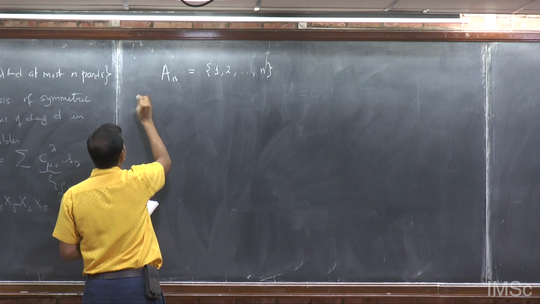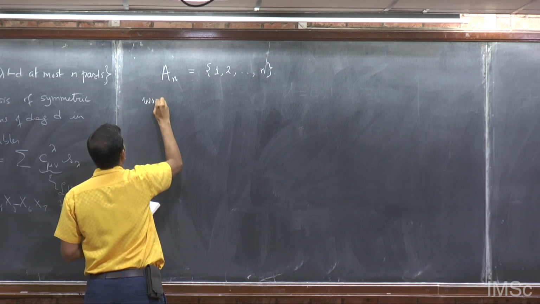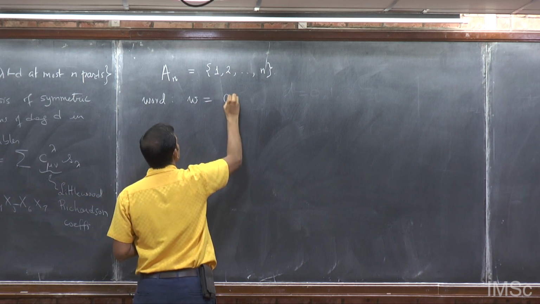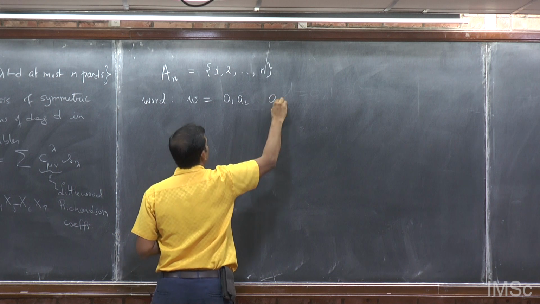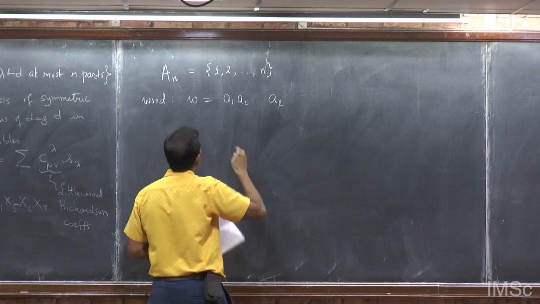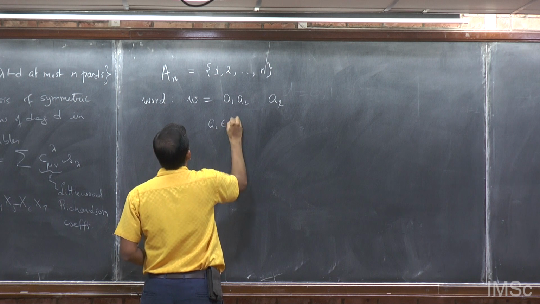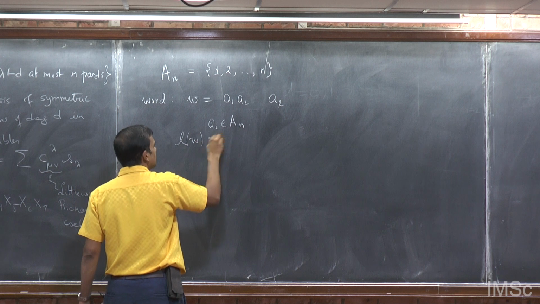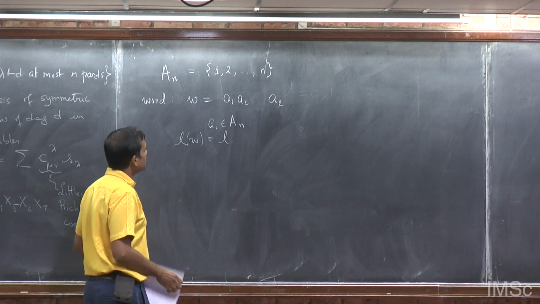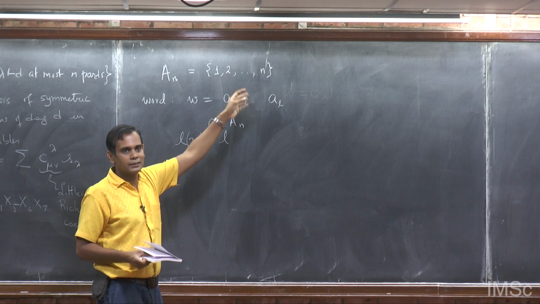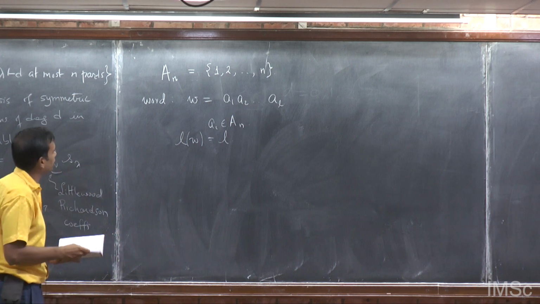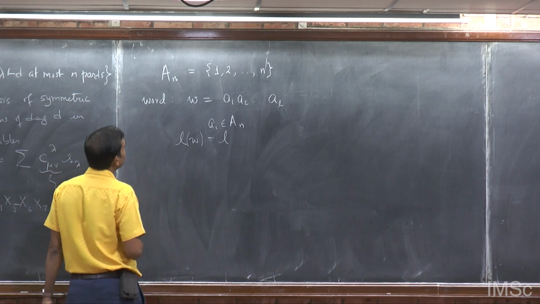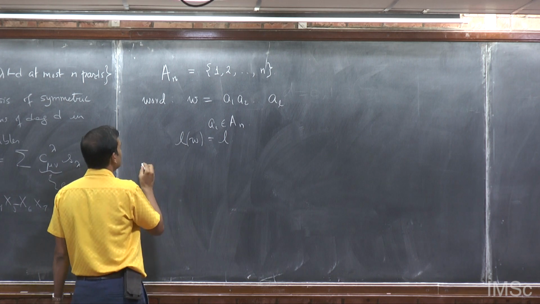And a word in the alphabet A_n is just a sequence of the form a_1, a_2, ..., a_l, where each a_i belongs to A_n, and we will say that the length of this word is the number of symbols in it. These symbols could be repeated, there is no condition, they are just independently chosen. There is an algebraic operation on words, you can concatenate them.